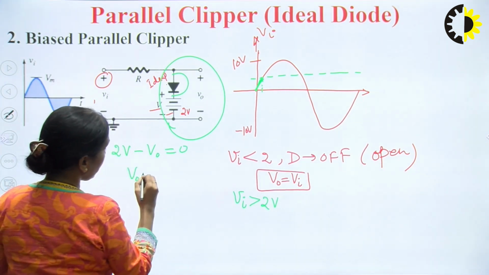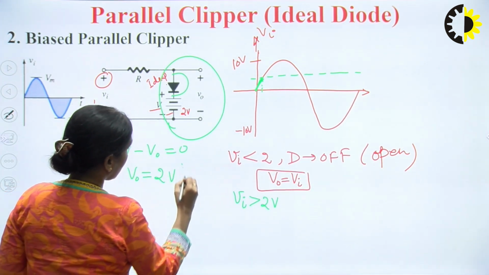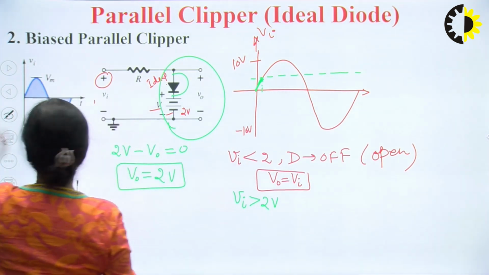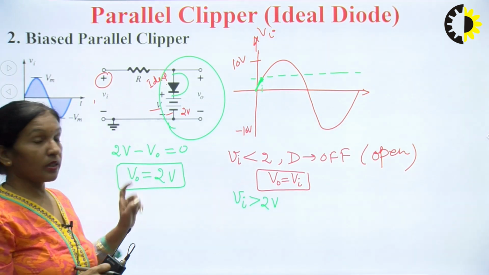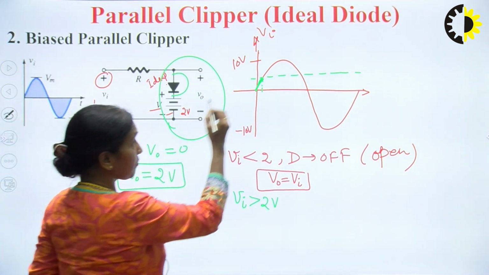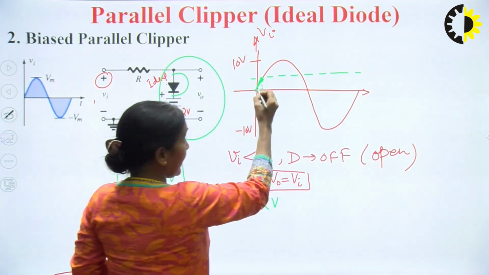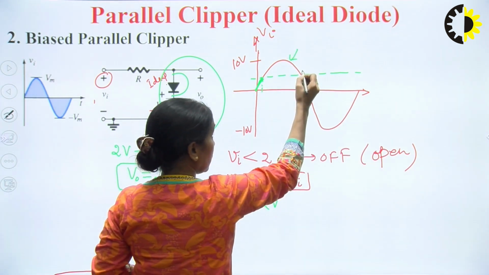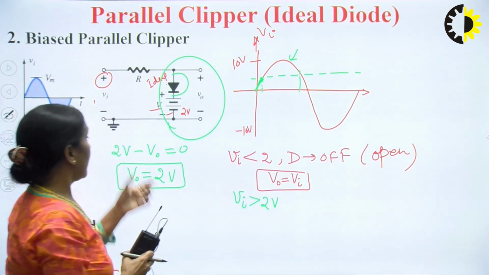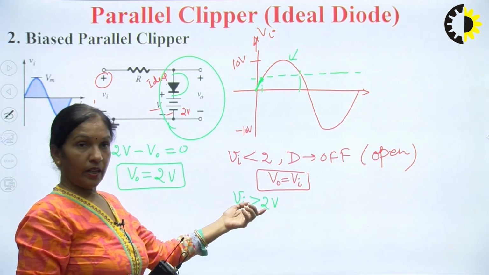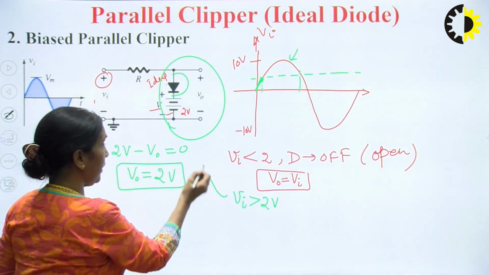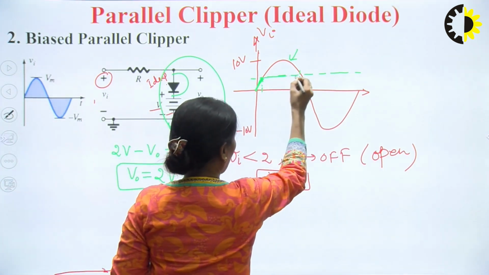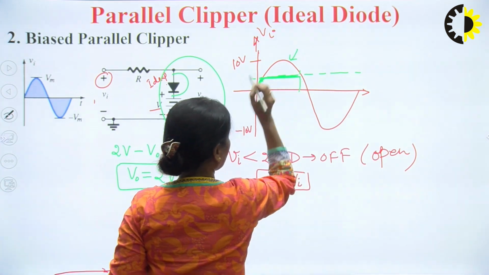So V naught will be equal to 2 volts. So during this time period, when your Vi is greater than 2 volts, your output will be equal to 2 volts. So I'll get my output 2 volts.